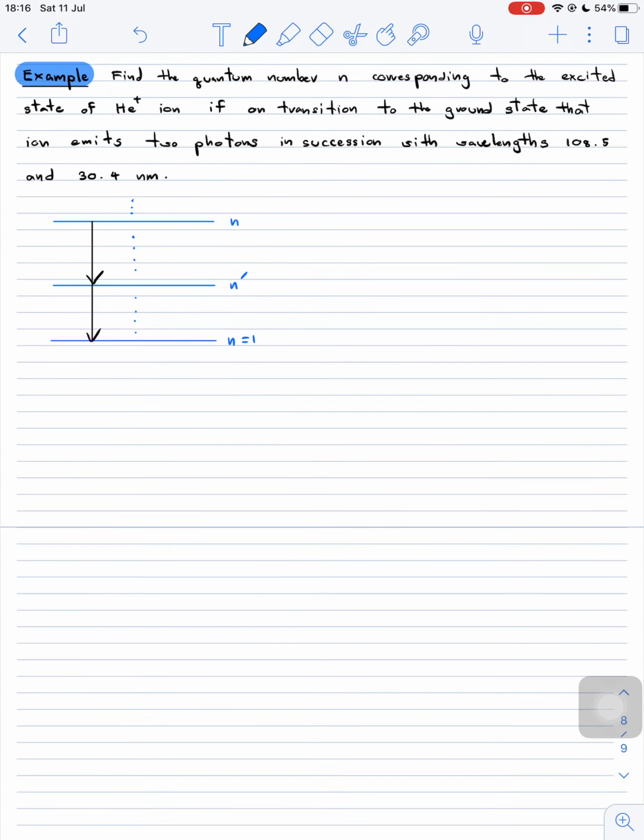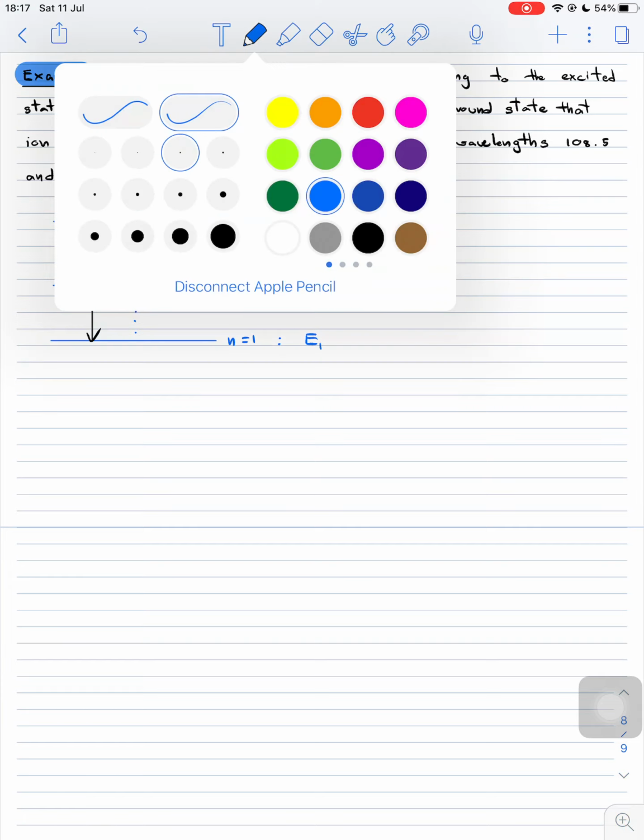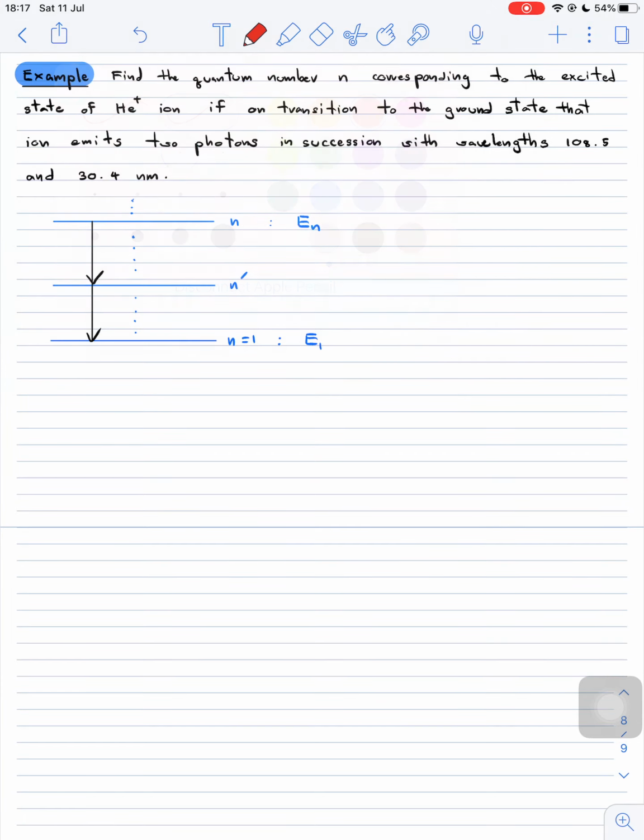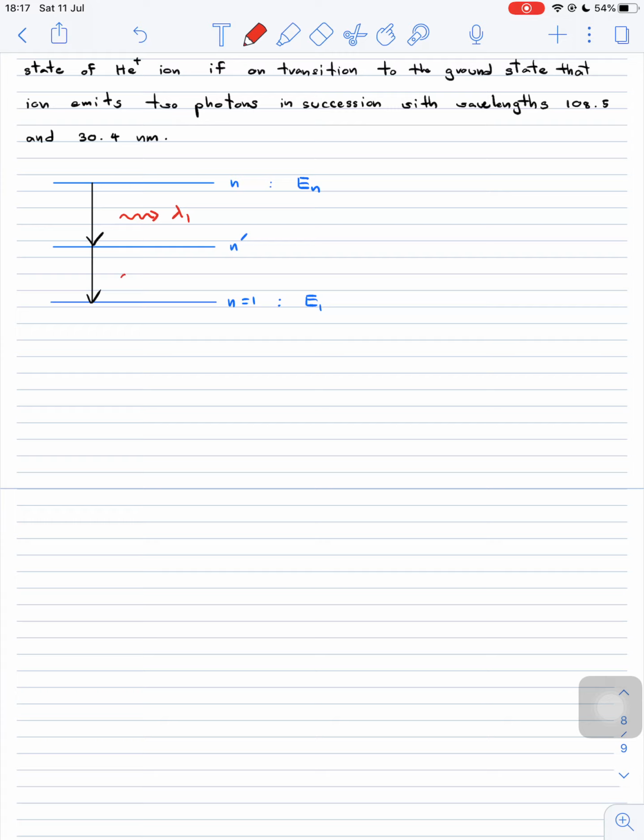The idea is, let's say the energy of this n equals En, and the energy of n equal to 1 equals E1, and the wavelength of the photon emitted here equals lambda 1, and the wavelength of the photon emitted here equals lambda 2.